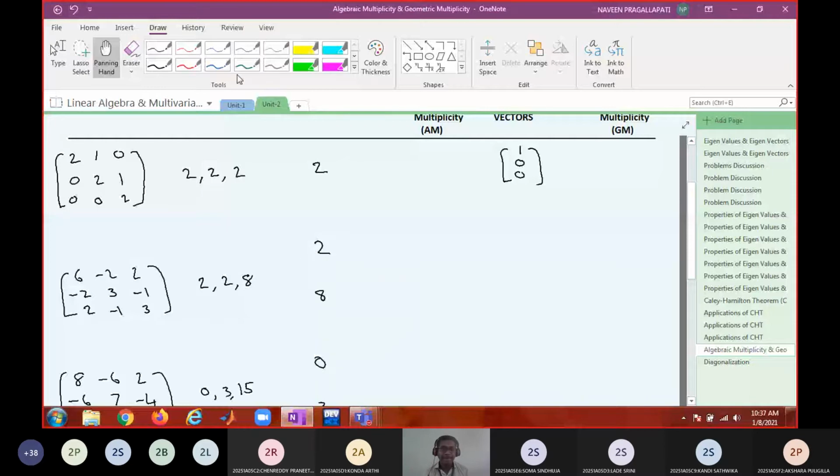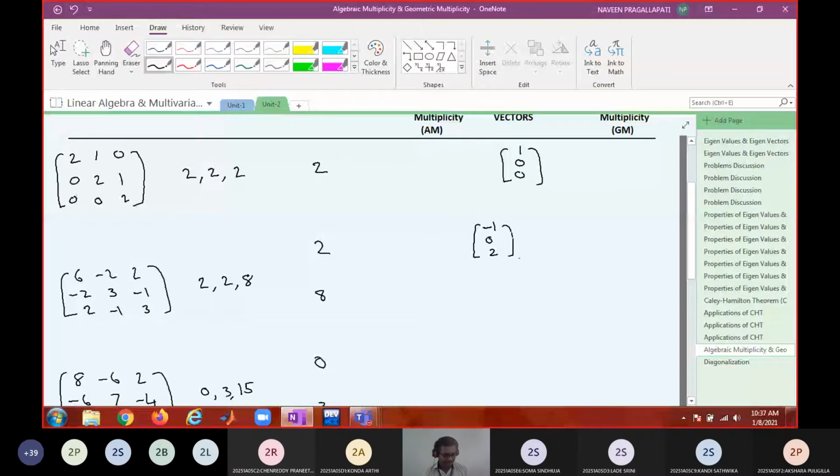How many independent eigenvectors you got? I think you got 2 independent eigenvectors, am I right? Minus 1, 0, 2.